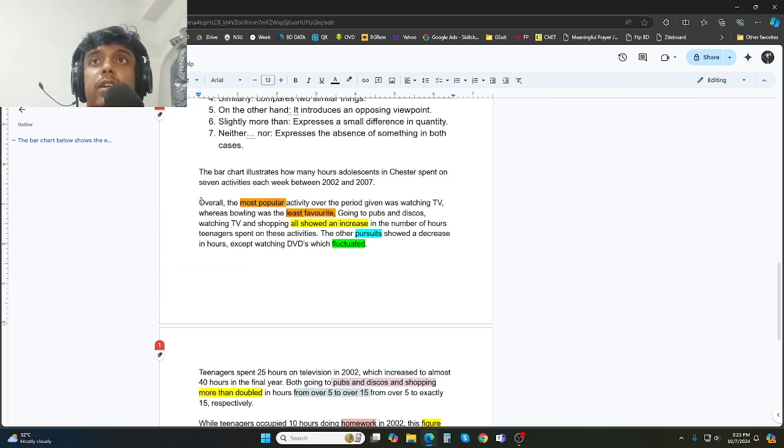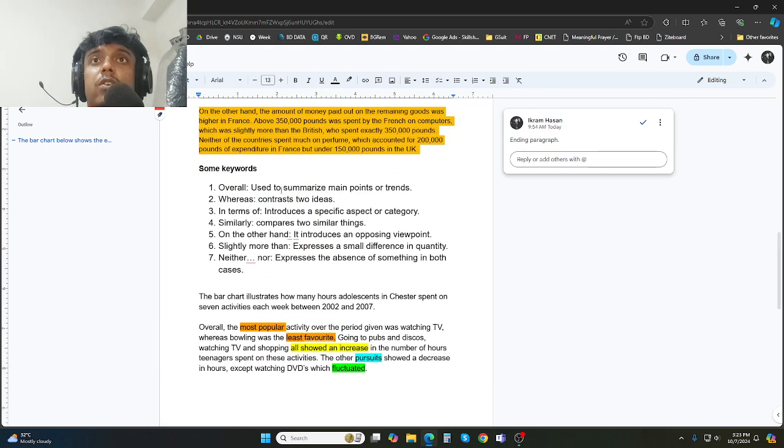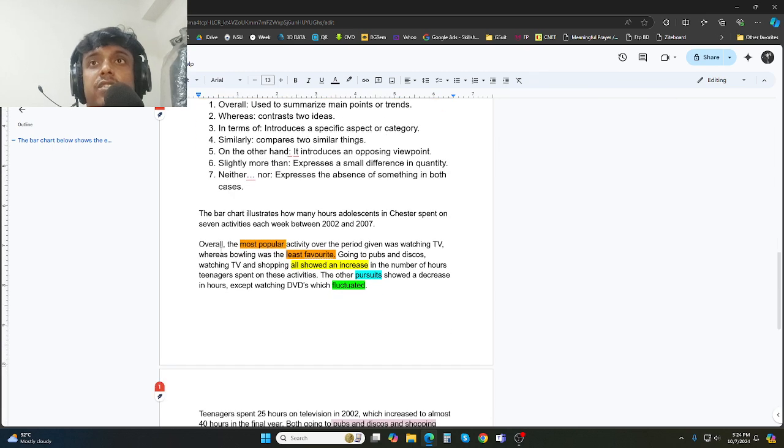And the first paragraph will show the overall, to summarize the main points or trends. For example number 2 over here, the bar chart illustrates how many hours adolescents in Chester spent on 7 activities each week between 2002 and 2007.